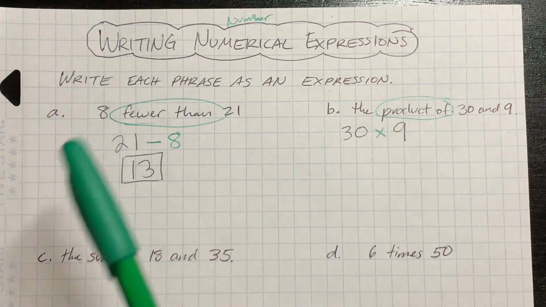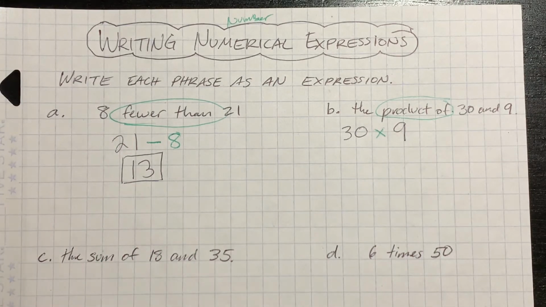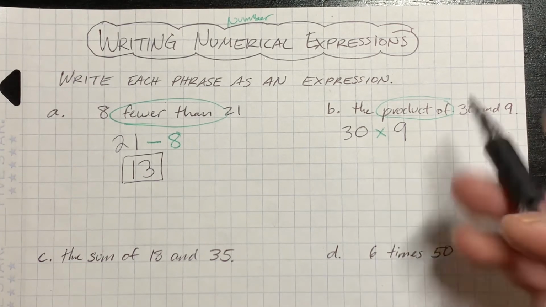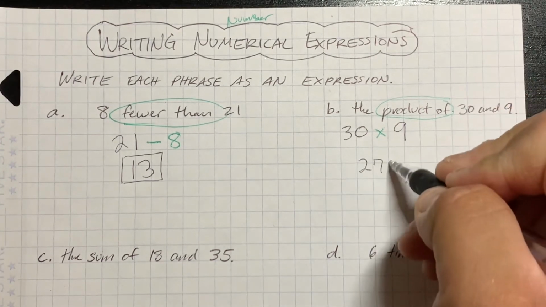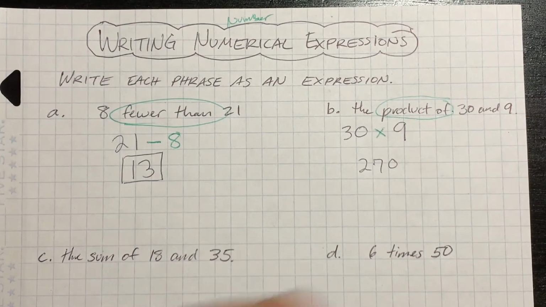Again, we're just writing the phrase. It doesn't tell us to evaluate, we're taking it a step further. But 30 times 9: 9, 18, 27, and then add your 0. So there you go.